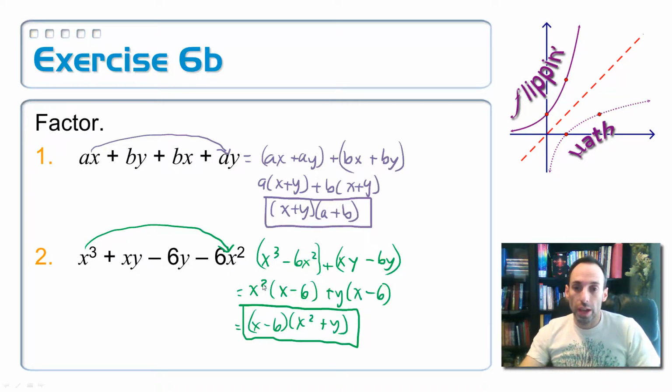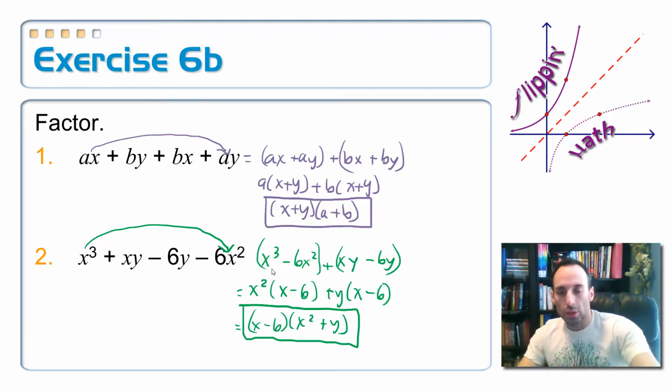The first set had a factor of x squared, which I factored out, got x minus 6. And this one works because the next one has a factor of y, and you're left with the common factor of x minus 6. So overall, we have an answer of x minus 6 times x squared plus y. And those are both prime. You can't do anything else with it.